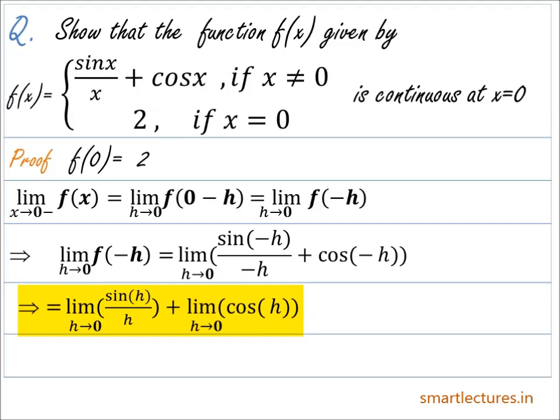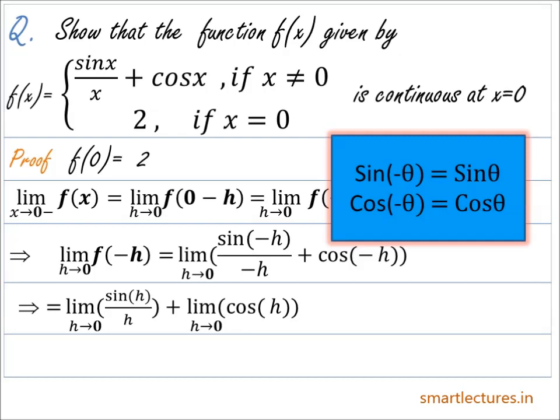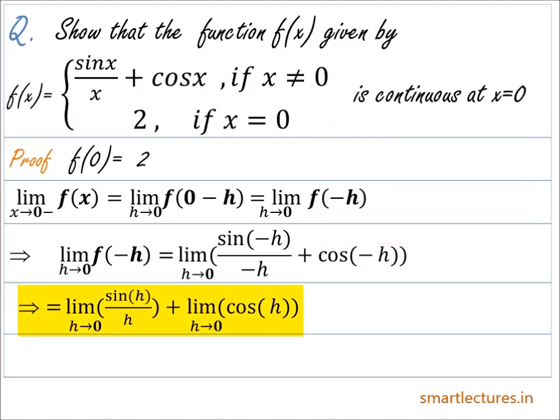Why? Because sine minus theta is equal to minus sine theta, and cosine of minus theta is equal to cos of theta. And now we shall find out the value of the expression limit h approaches 0 sine of h upon h plus limit h approaches 0 cos of h.